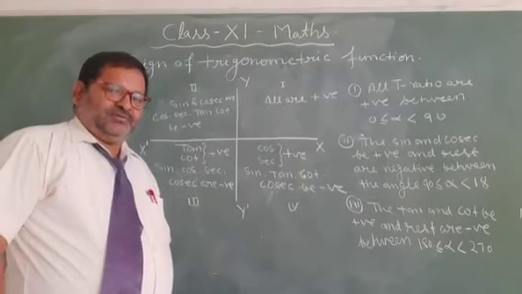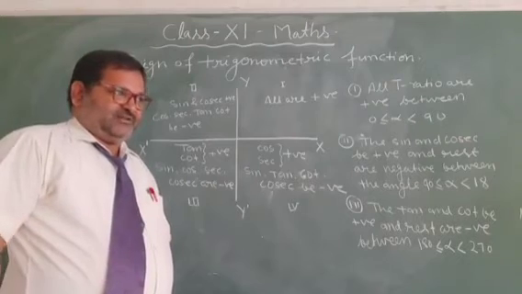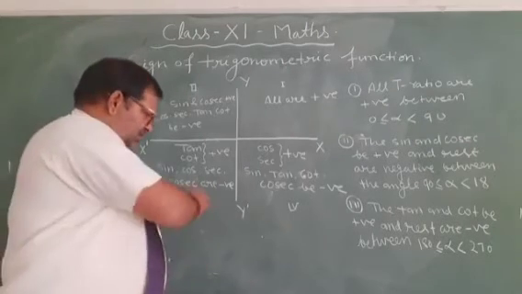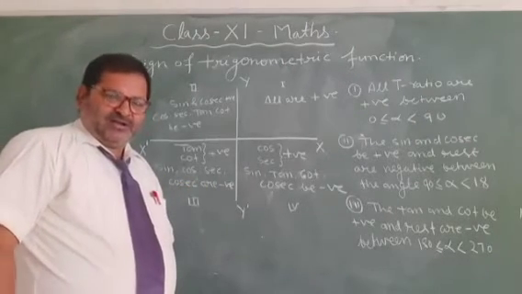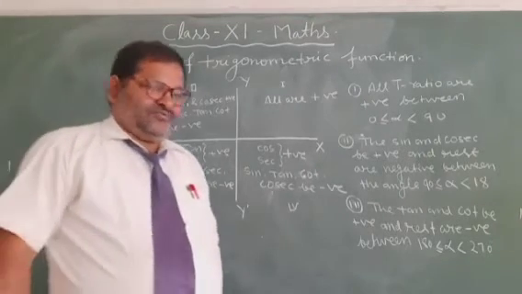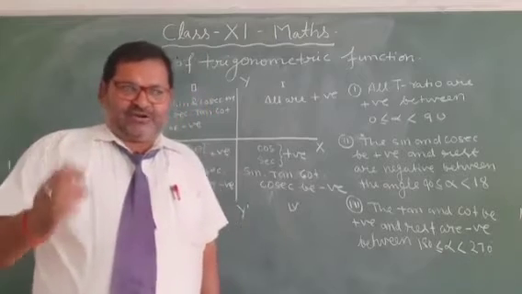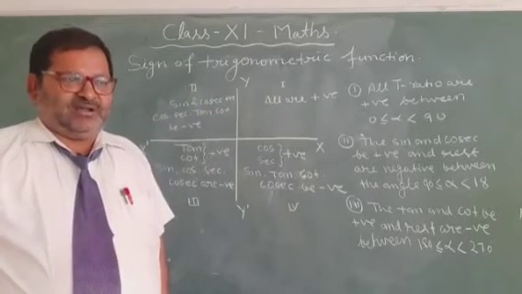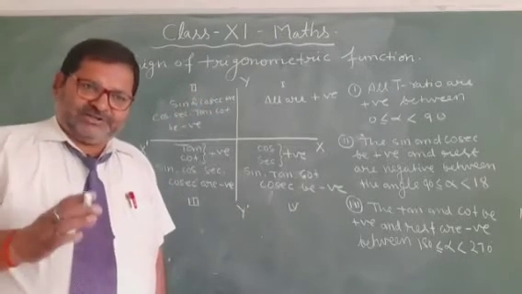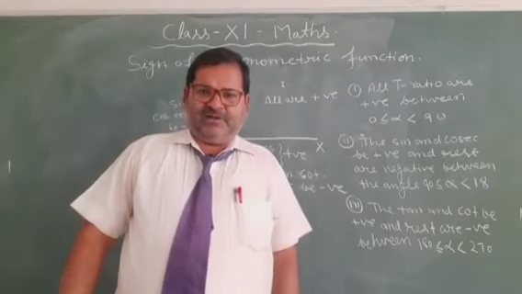Therefore, the angle of trigonometric function in the third quadrant are between the angle 180 to 270. The tan and cot functions are positive and the rest are negative.